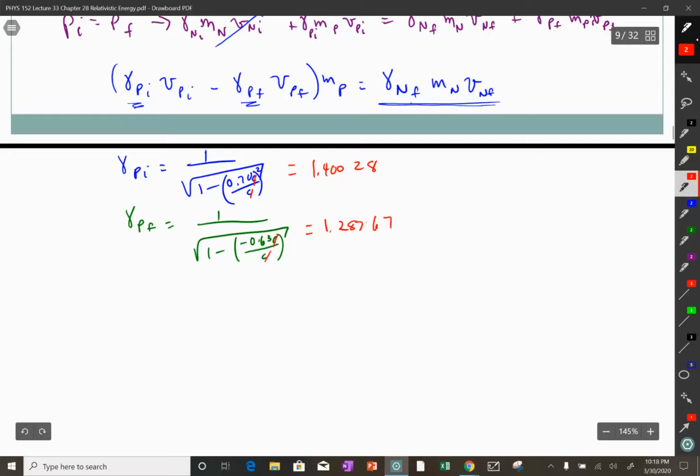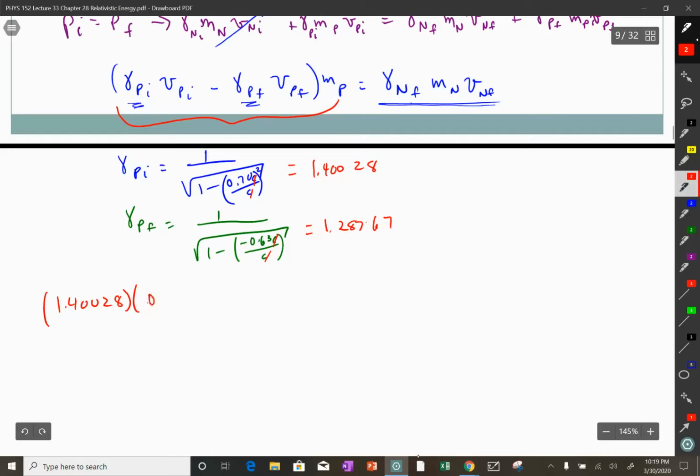And so if I put these numbers in, I have for the whole left side 1.40028 times 1 atomic mass unit. Well, I factored that out.